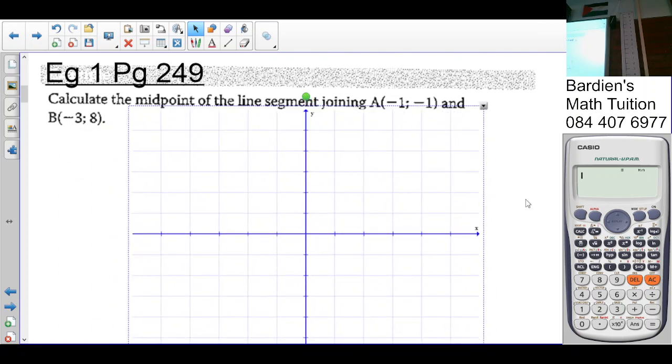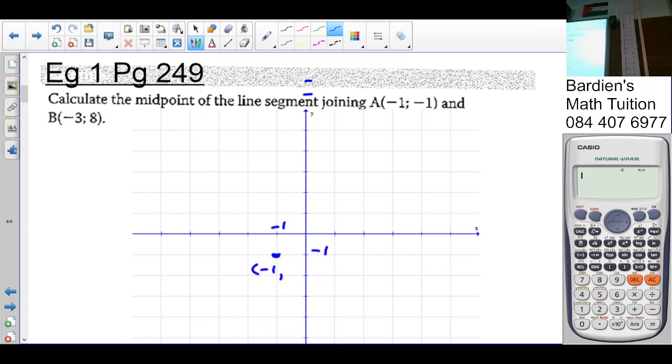Okay, so there's 1, 2, 3, 4, 5, 6, 7, 8. Okay, so (-1, -1). Then that's A, and -3, and then 6, 7, 8. So that's an approximation.